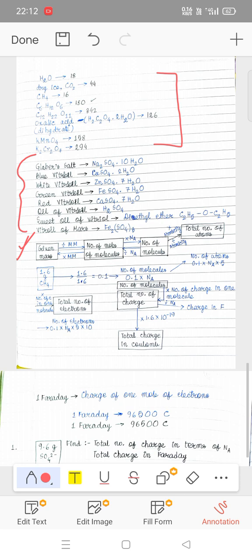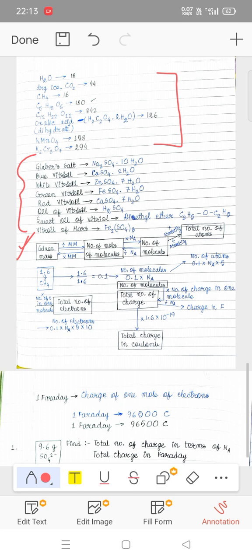Next, if the question gives the number of molecules and we are finding the total number of electrons, then we will calculate the number of electrons in one molecule, and add them up, and then we will get the total number of electrons.